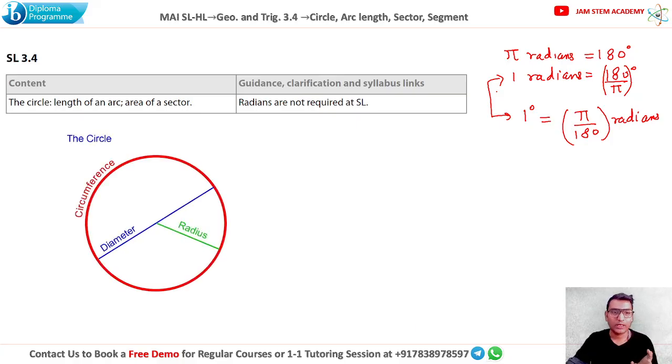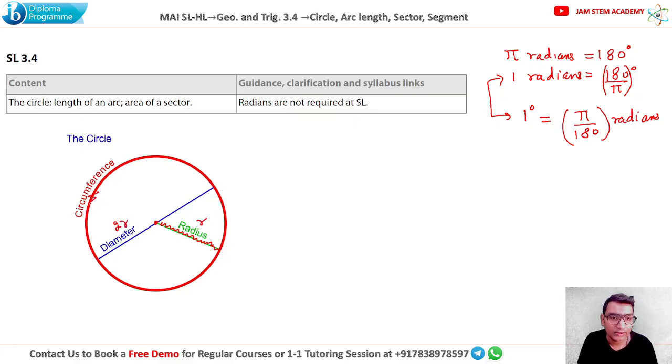Now, the next thing is about the circle, its circumference and radius. The distance from the center to any point on the circle is called the radius. Twice the radius is the diameter: if the radius is r, the diameter is 2r.